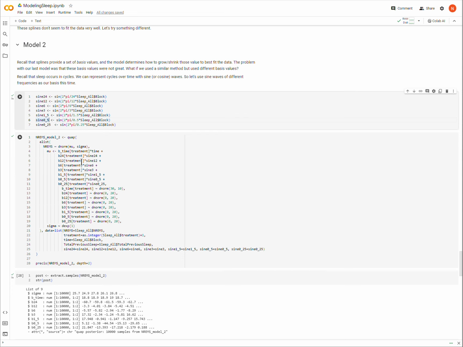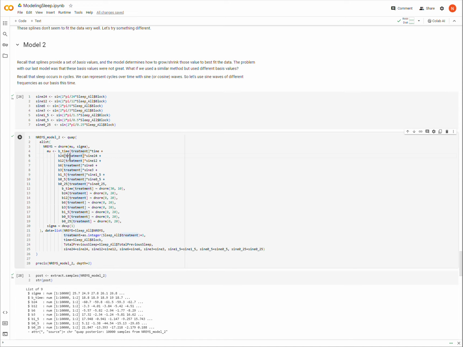But nevertheless, so again, now instead of having my basis splines, which I was calling B, now I just have these sines, okay? The values of the sines are taking the place of the B, the splines that we were using in Model 1, okay? And you see a very similar format here, right? So I have B24, so this is my coefficient, okay?